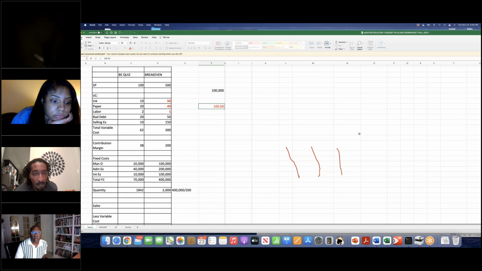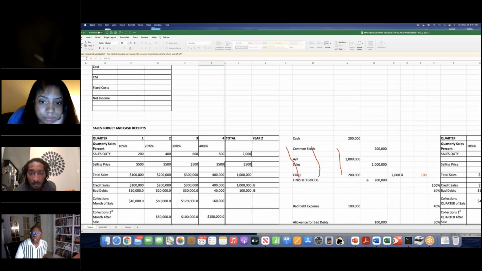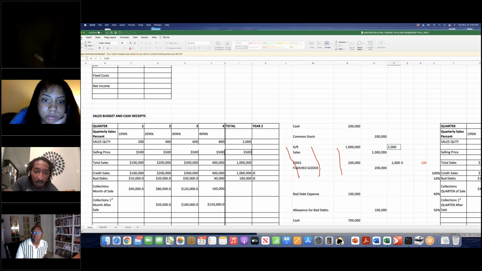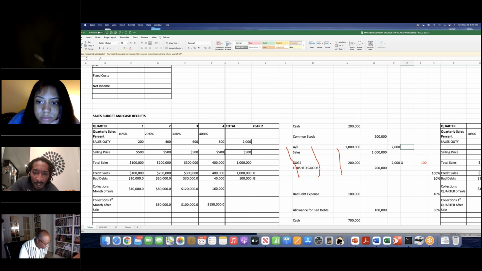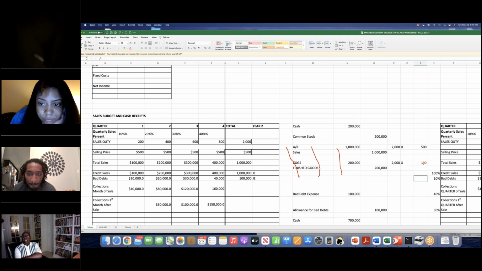So when we get ready to make those journal entries, just like we multiplied here, what do we multiply 2,000 times? 500. 500 selling price. To get your cost of goods sold, you're gonna multiply 2,000 times those product costs. Oh, it's just the product cost.